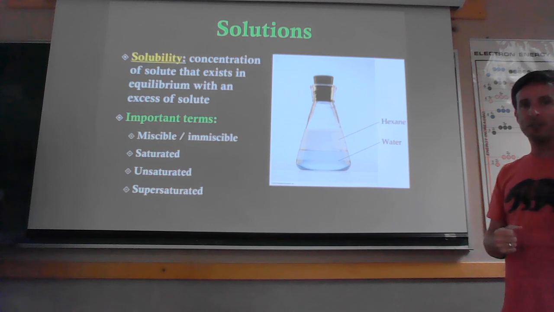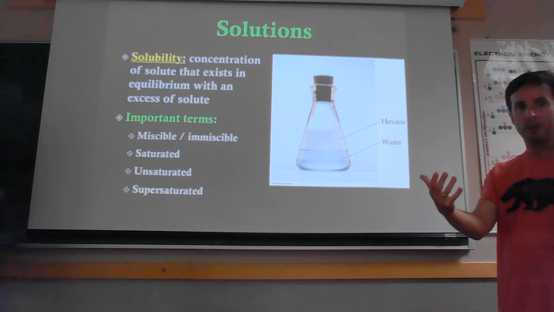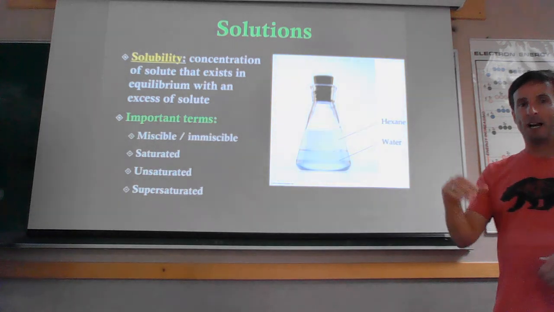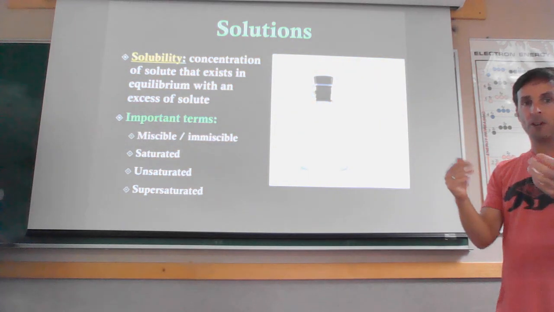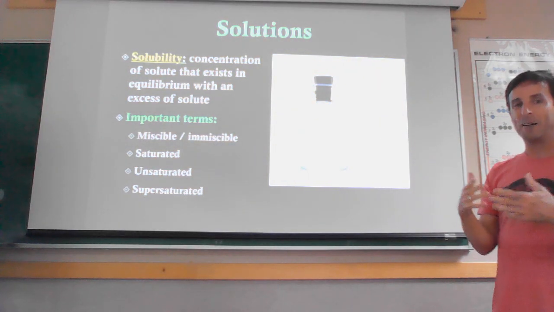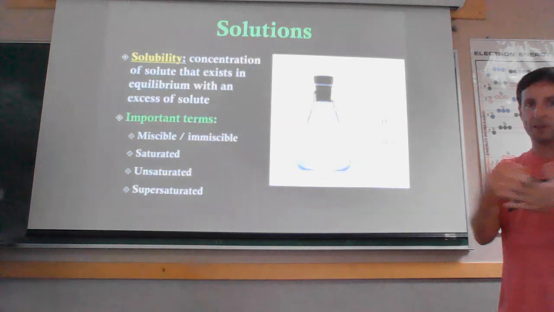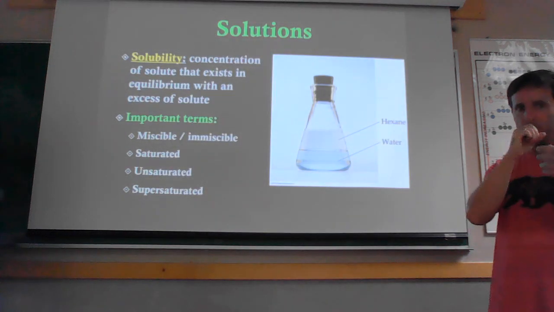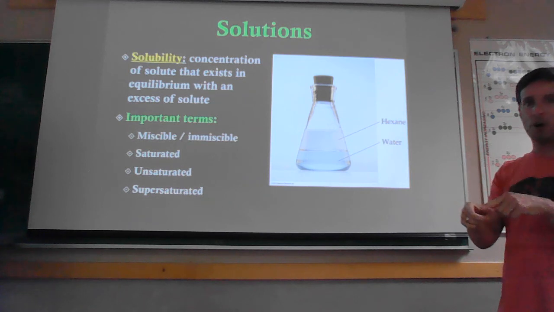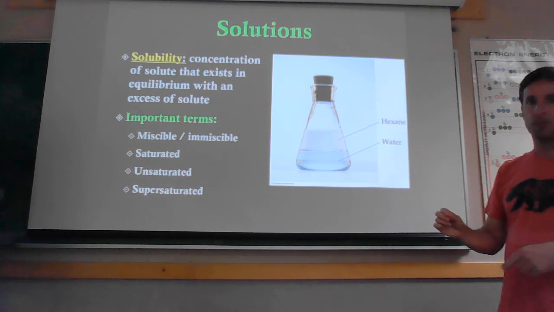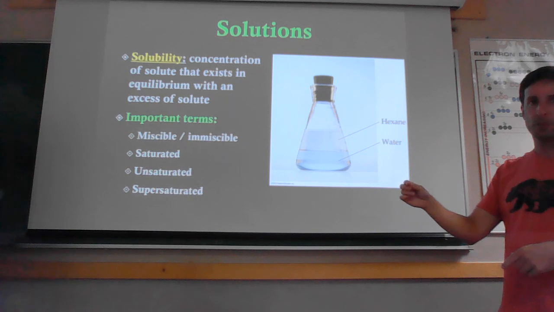I could have 90% ethanol and 10% water. They will mix. I could have 90% water and 10% ethanol. They'll mix. I can mix any ratio I want between ethanol and water, and they will always fully mix with each other. So I could say ethanol and water are miscible. They mix in any ratio.